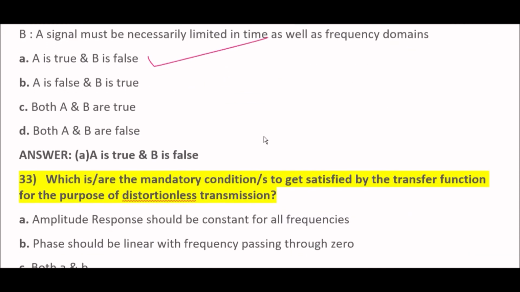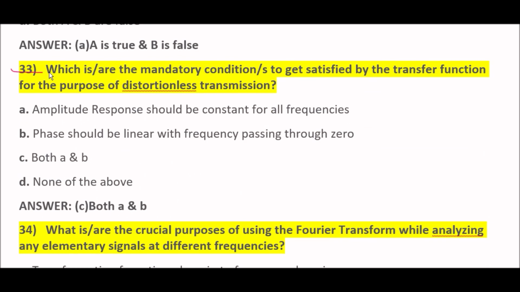Next question. Which are the mandatory conditions to be satisfied by the transfer function for the purpose of distortion-less transmission? First, amplitude response should be constant for all frequency. This is correct. And second, phase should be linear with frequency passing through 0.